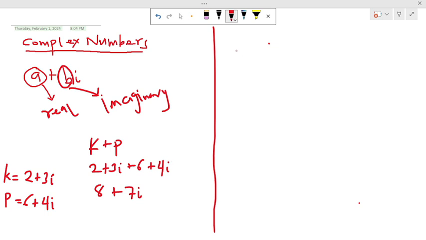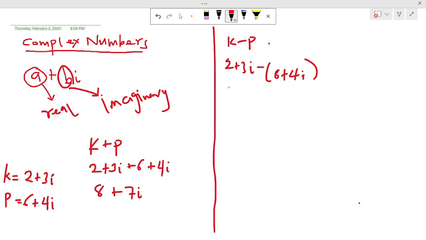Also, when we are to subtract complex numbers, for example, when we are asked to find k minus p, we write it as 2 plus 3i minus open bracket 6 plus 4i, because you are supposed to make sure that the subtraction sign affects both the real part of p and the imaginary part of p.